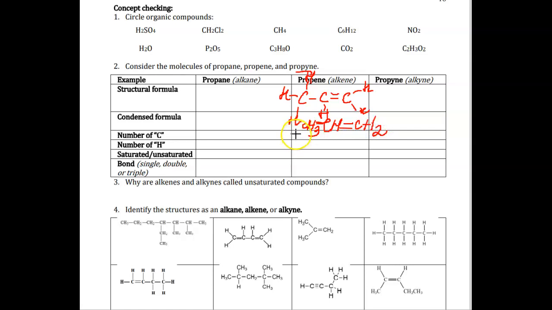Number of carbons still 3. Number of hydrogens is less than in propane, 6, because it's the formula for this group of unsaturated hydrocarbons, CnH2n. So 2 times 3 gives us 6 hydrogens here. It's unsaturated.